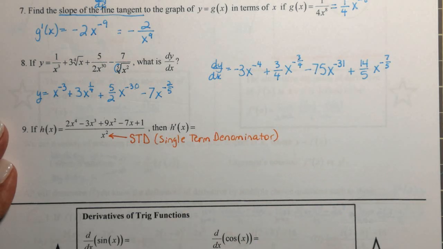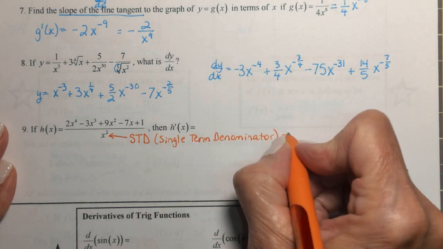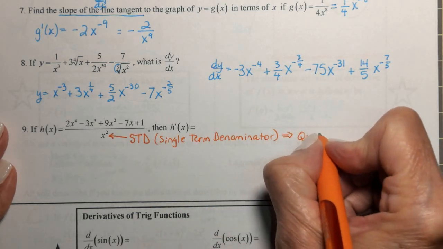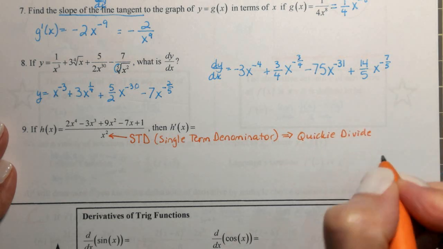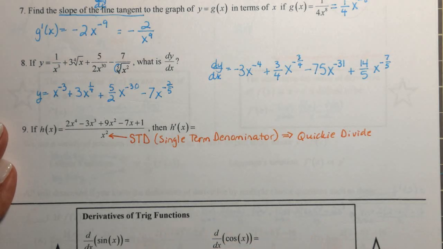Okay? Get rid of it immediately by doing a quickie divide. Take every term on top divided by that STD.